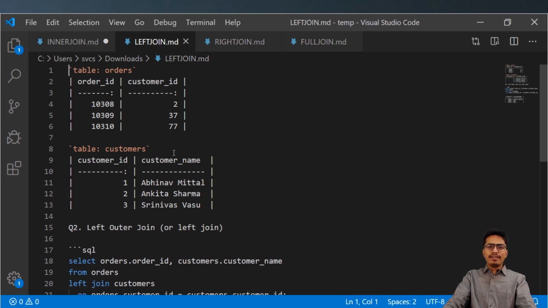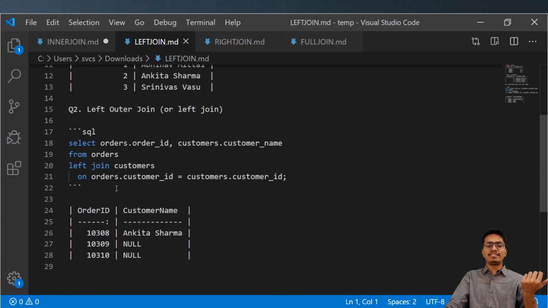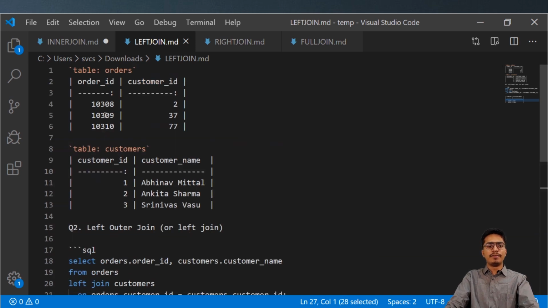A left join, again, what does that do? First of all, it will find an inner join. Any row on the left table, the orders table which is to the left, any row in the left table that can be matched to any number of rows on the right table, it will first find all of those rows. From the previous example, we know that this is the only row that matched for our table.